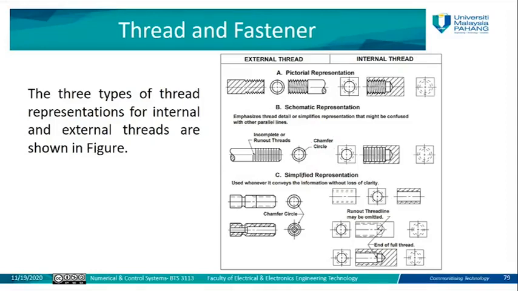In the third representation, which is the simplified representation, you just have like an overview, like a cross-sectional view of the thread, like the cross-sectional view that we learned before, or a projection of the view either from the side or from the top and so on. So it is more simplified. There are not a lot of lines like we have in the previous two representations of the thread.